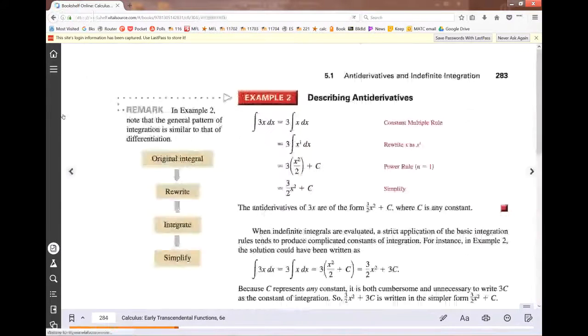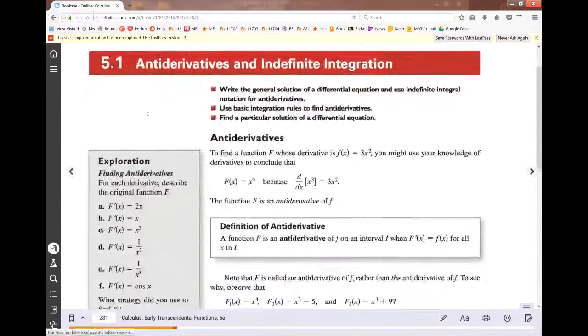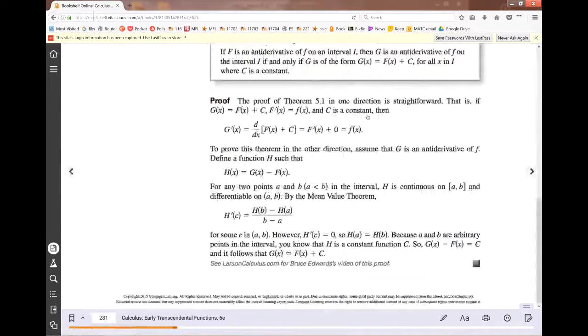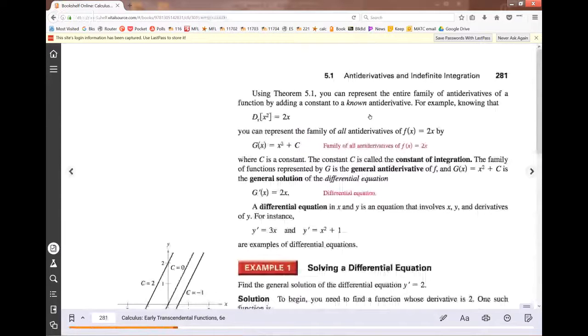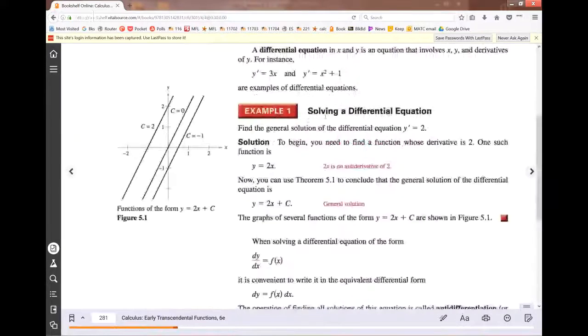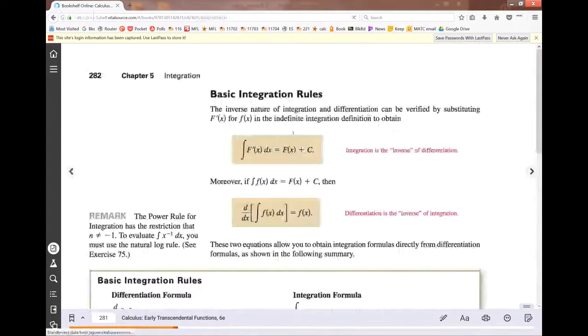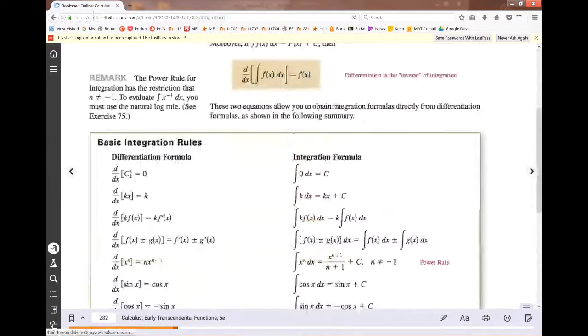I just need to find it. It's somewhere where they had all the derivatives summarized. I don't have my physical copy, but here it is. It's this one on the bottom here.